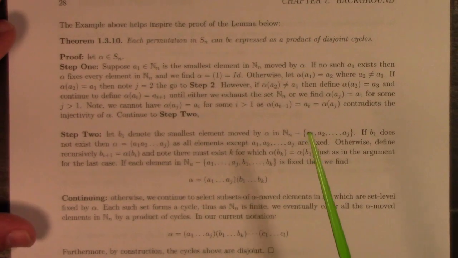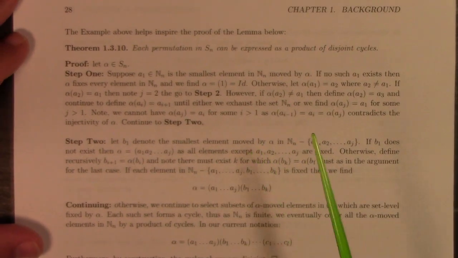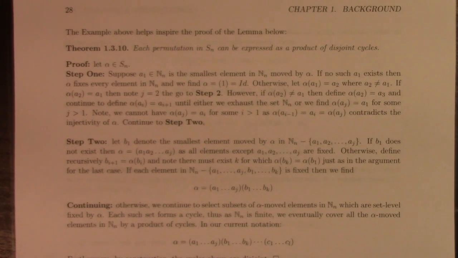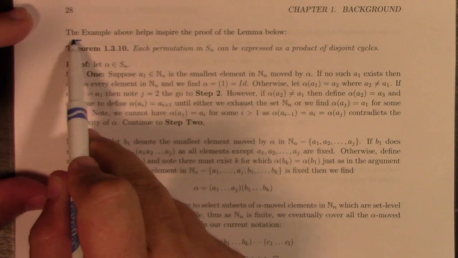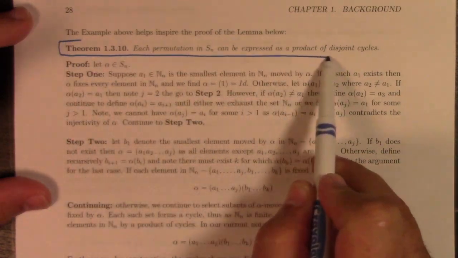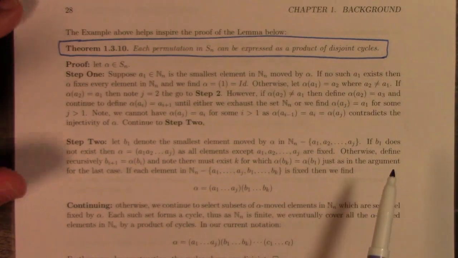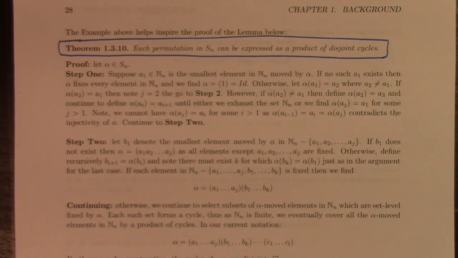So anyway, that example that I was just looking at helps. In fact, you're maybe starting to suspect this: each permutation in Sn can be expressed as a product of disjoint cycles. So let's walk through the proof of that.